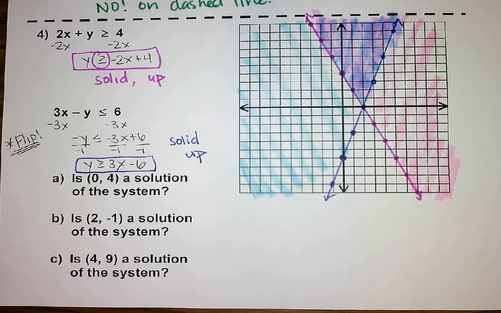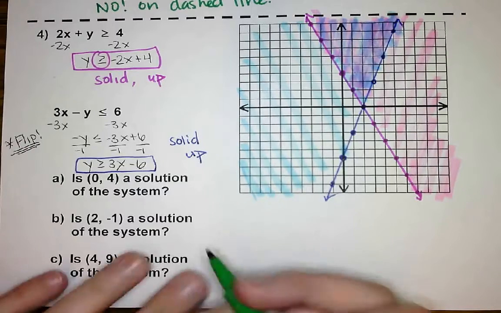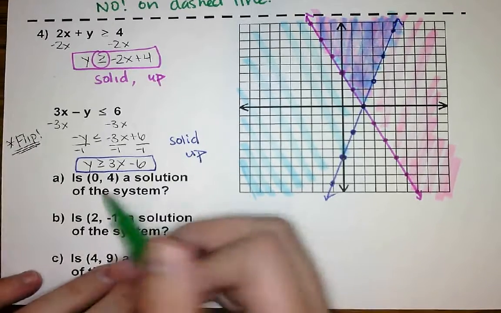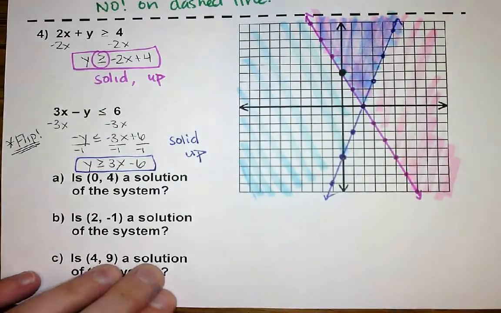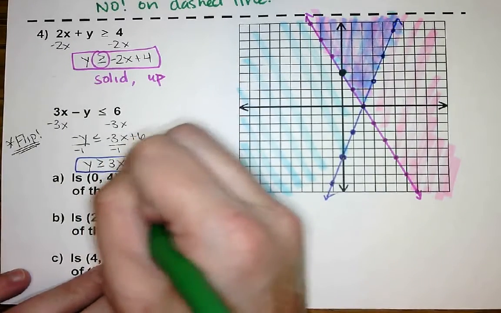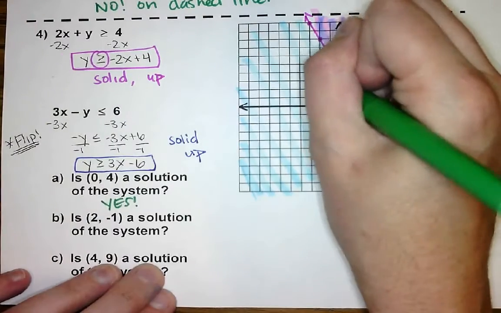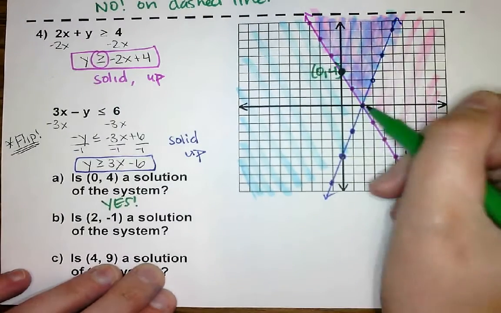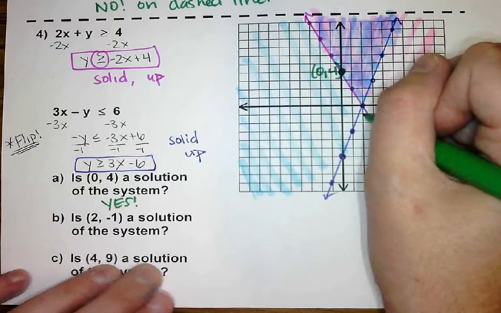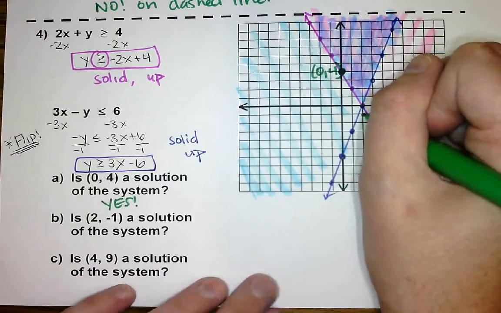And so you guys can see that 0, 4, is that a solution? Yes, it's on a solid line bordering the shaded region there. All right? 2, -1. Ooh, actually, no, you're right. It is not. That is super not. Not even close.